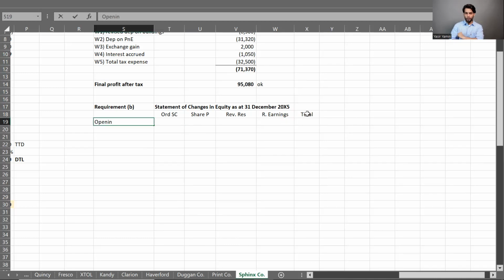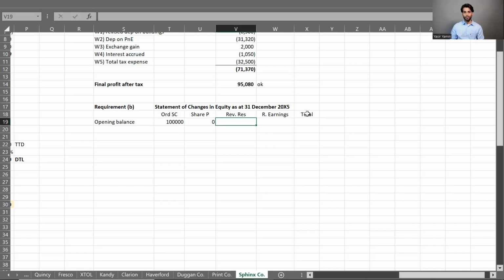I'm not just going to show you the question, but if anyone of you can remind me what is the opening balance for ordinary share capital and share premium. We just discussed this a few minutes back. Very good. 100,000 and share premium of 0. Excellent. Now let me know what is the opening balance for revaluation reserve.